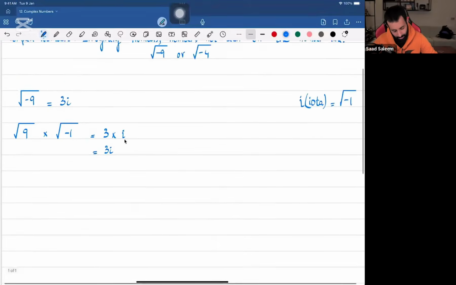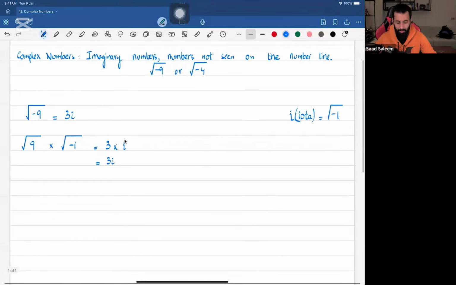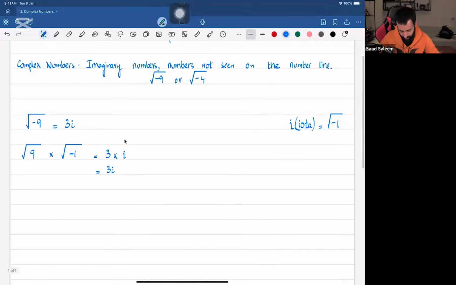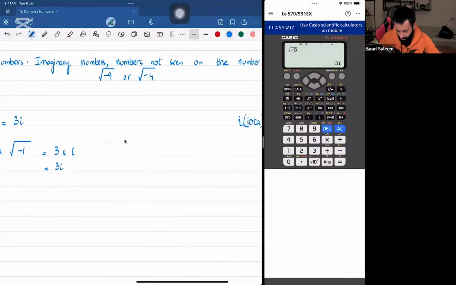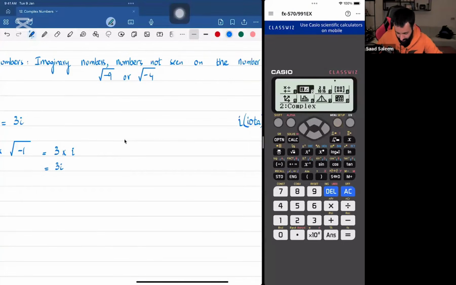Now, the way that we write complex numbers is sometimes a mixture, like you might have seen if you solve a quadratic equation which has no real roots. Let's solve a quadratic equation which has no real roots so that you can understand what I'm talking about. So here we're solving a second degree polynomial.